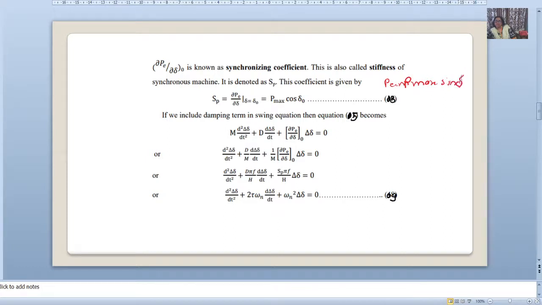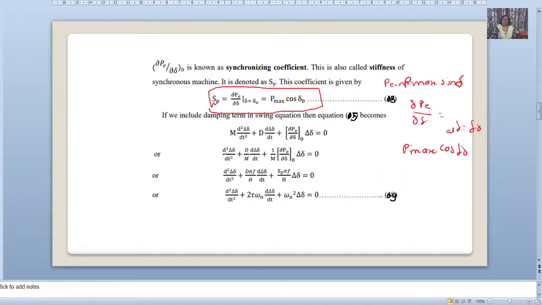So delta P upon delta del will be P max cos of del 0 at del equal to del 0. This is our synchronizing power coefficient.